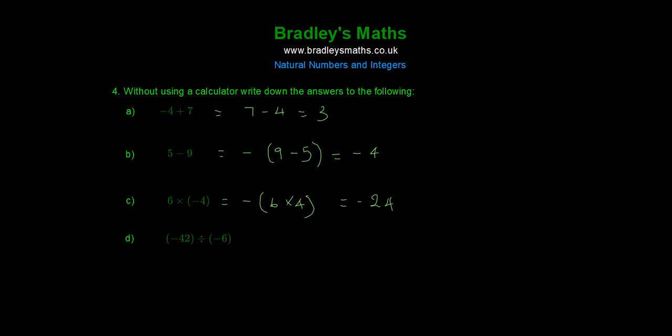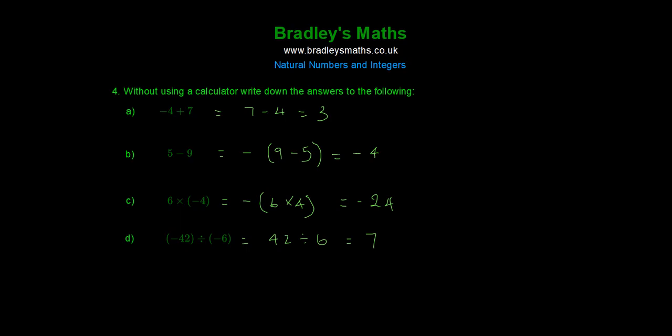And -42 divided by -6. A negative number divided by a negative number gives a positive result. So this is actually 42 divided by 6, which equals 7.